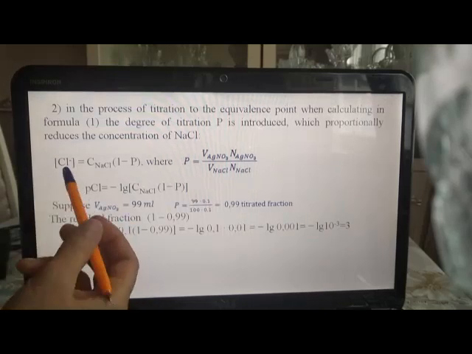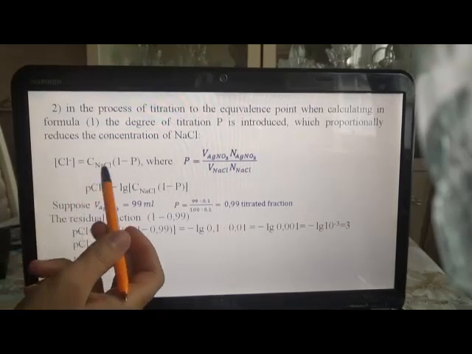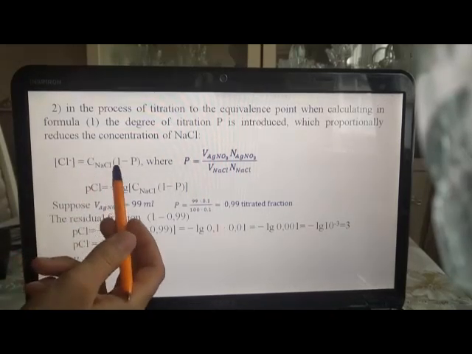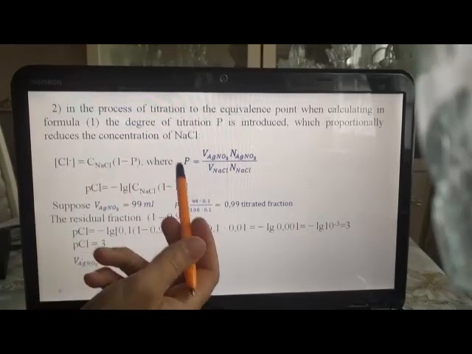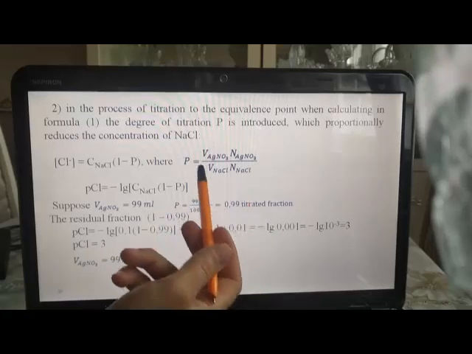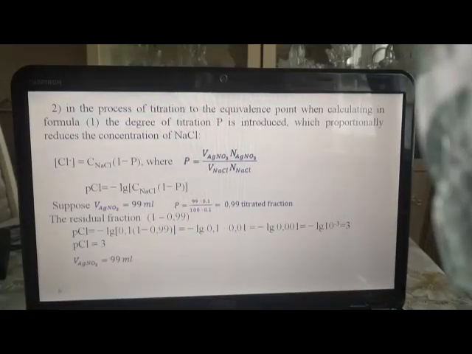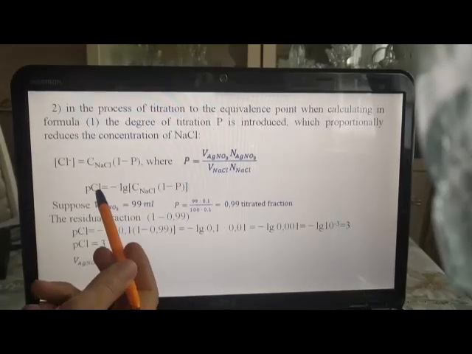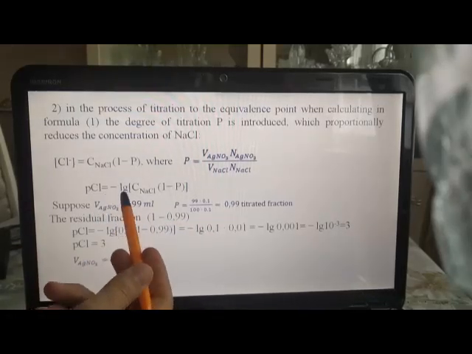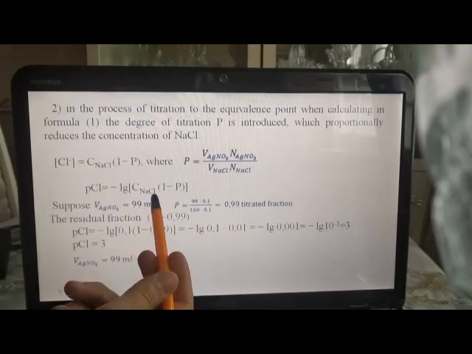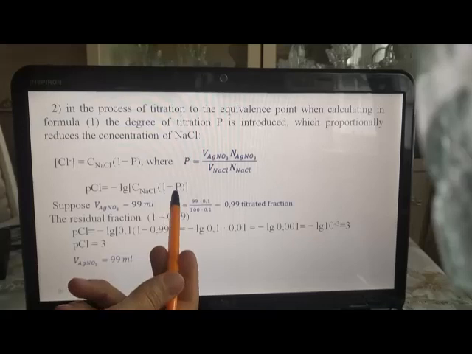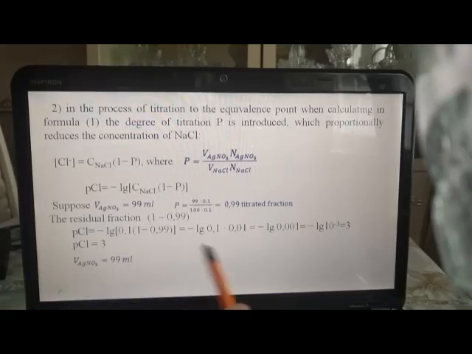And the concentration of chloride ion is equal to the concentration of sodium chloride times 1 minus P, where P was found from the equation which we used before. And from this, pCl is equal to the inverse logarithm of C, the concentration of sodium chloride times 1 minus P. And we have an example from this.